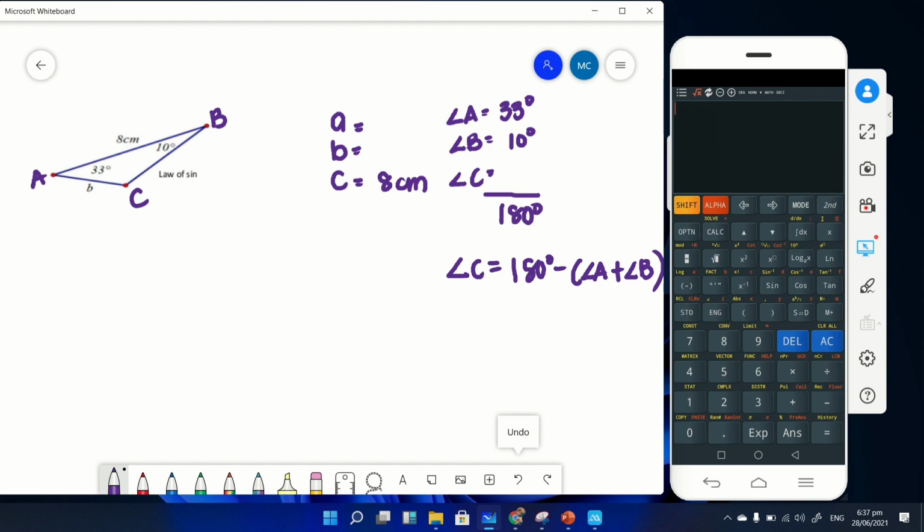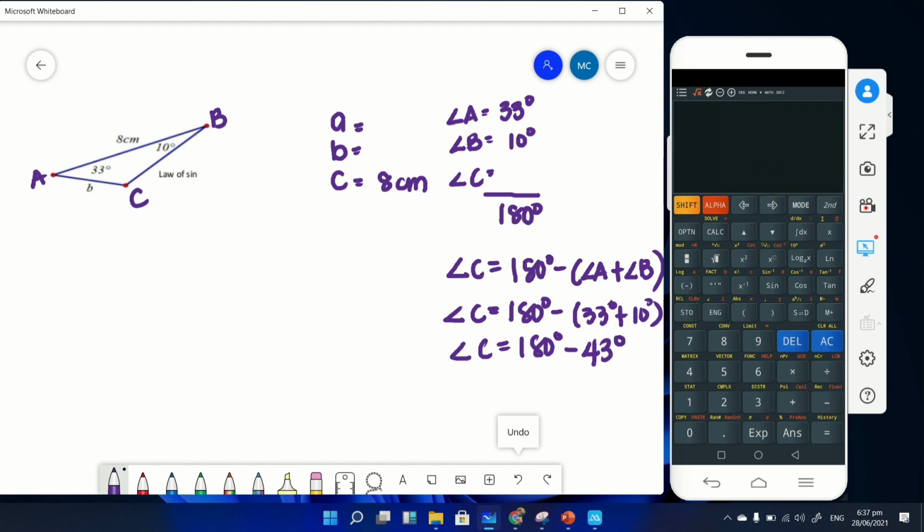Okay, so we now have angle C is equal to 180 degrees minus we have angle A, which is 33 plus 10 degrees. So we have angle C is equal to 180 degrees minus 43 degrees.